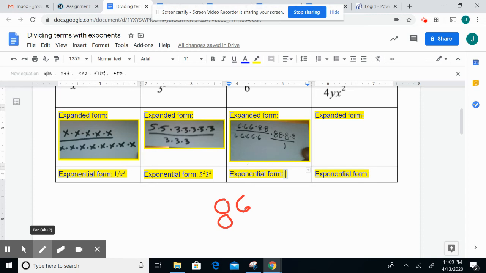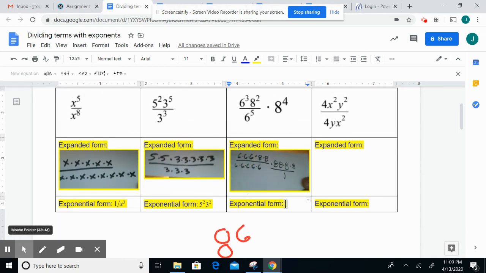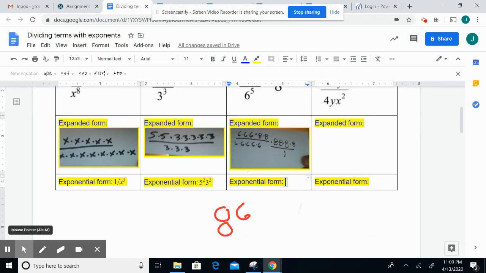Now, let's look. There are 3 6s on the top, 5 on the bottom. We can cancel. 1, 2, 3. And there are 2 6s remaining on the bottom. The other thing you can look at is 3 minus 5 is 2.